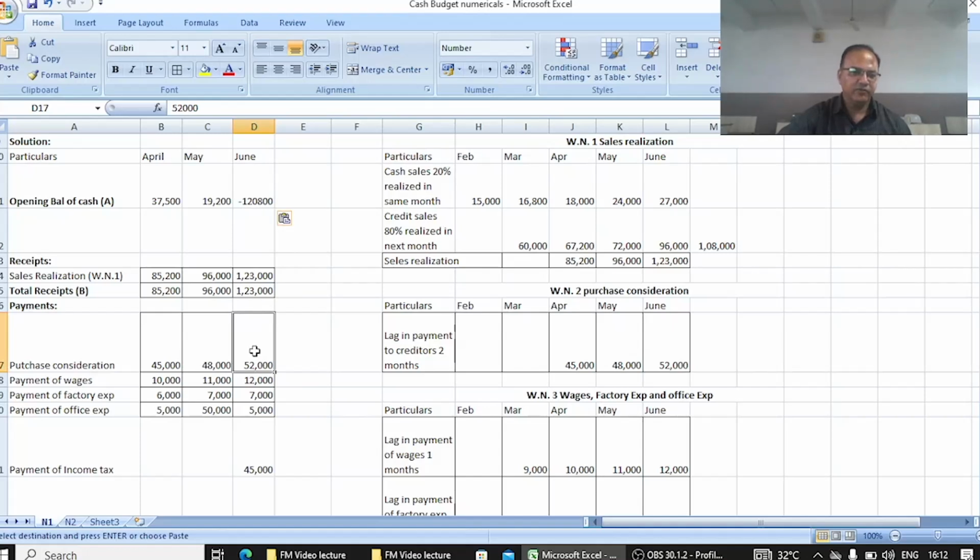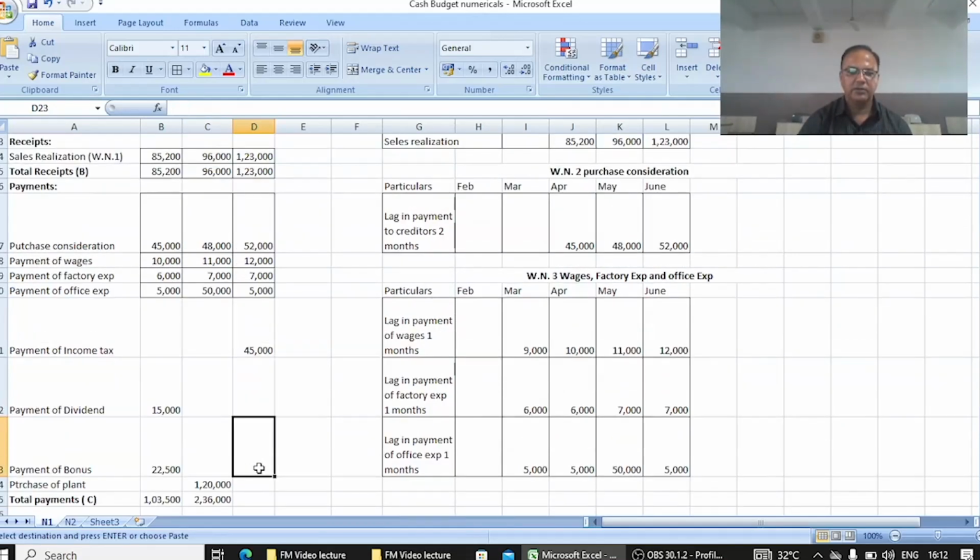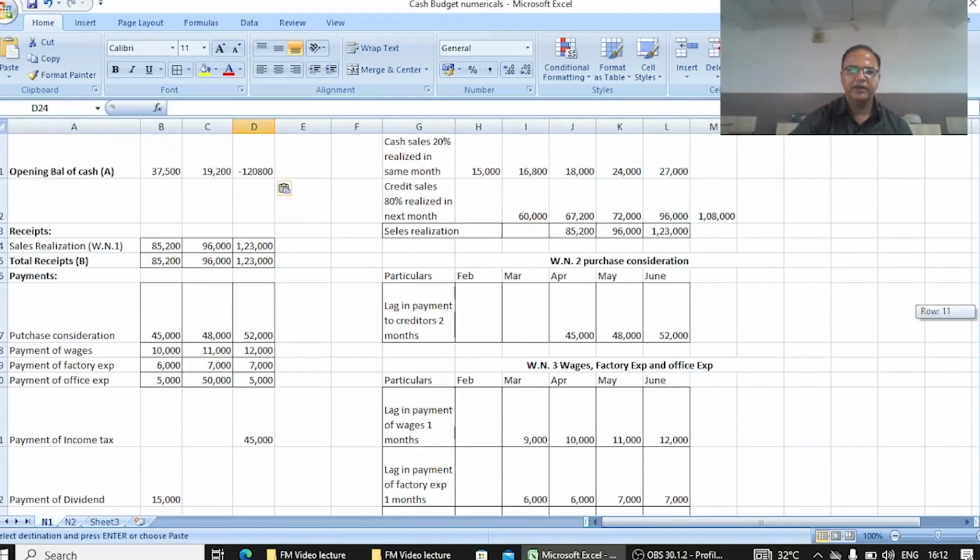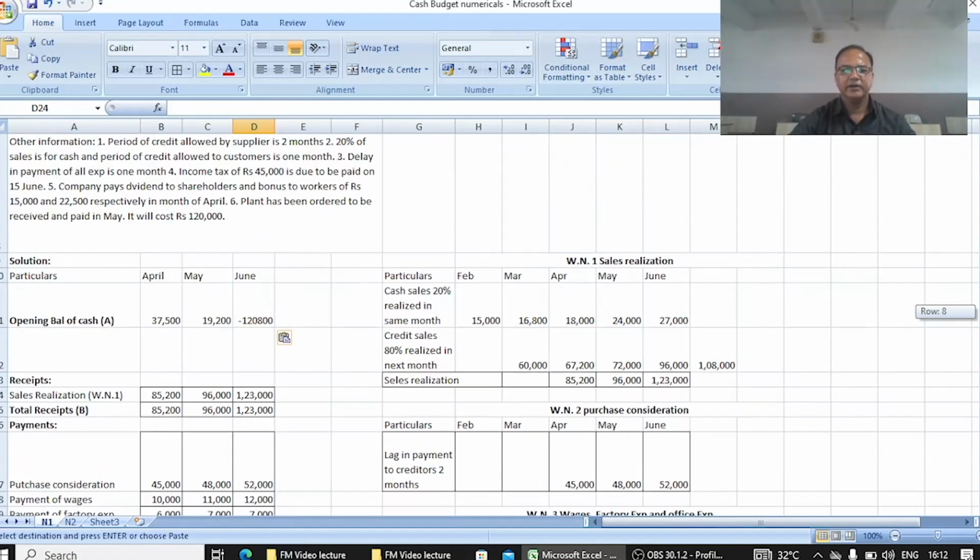Let's add 52 plus 12 is 64, plus 7 is 71, plus 5 is 76, plus 45 is 121. Now 121 will be deducted.